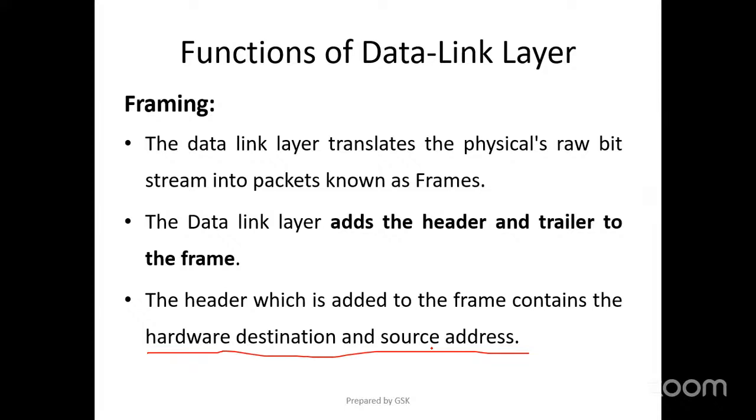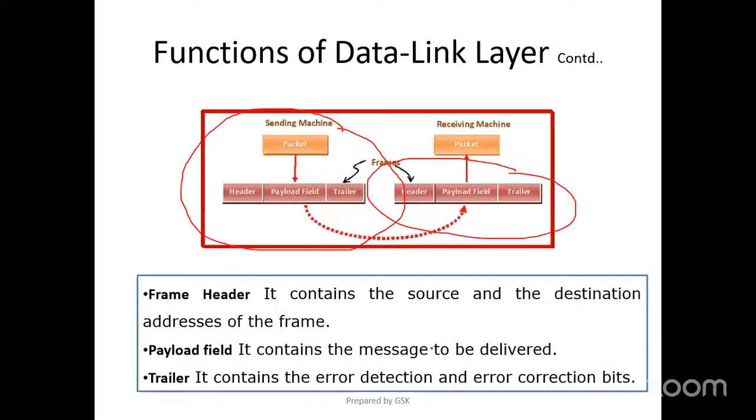This address is a hardware address, a physical address. The frame header contains the source and destination address of the frame, where to where the data frame has to be sent. The payload field contains the message to be delivered. With the help of the frame header, we can identify from address to address. Payload means the body of the message, what is the message you want to send.